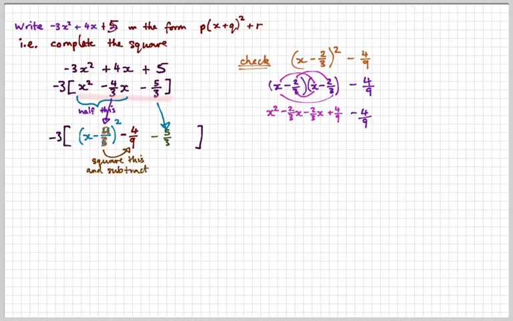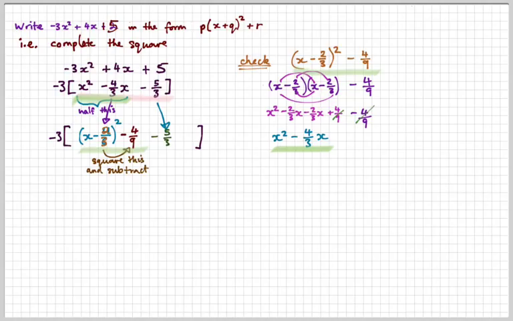So I've expanded the brackets, and I've rewritten that minus 4/9 on the right hand side there. The minus 4/9 cancels with the plus 4/9. Then if I add the coefficients of x, I get x squared minus 4/3 of x. You can see that this now is definitely the same as this. So the approach that I took, those shortcuts, halving that coefficient of x and squaring that 2/3 to get 4/9 and subtracting it, allows us to complete the square.